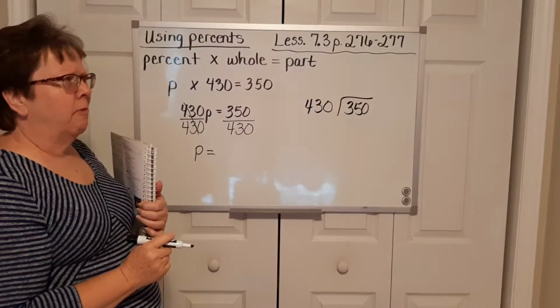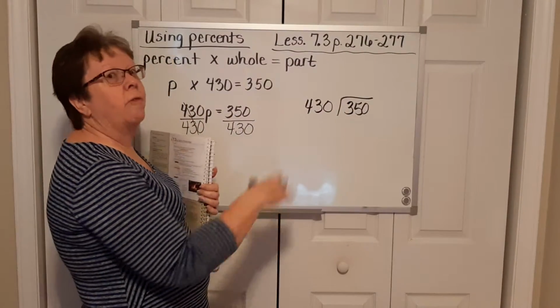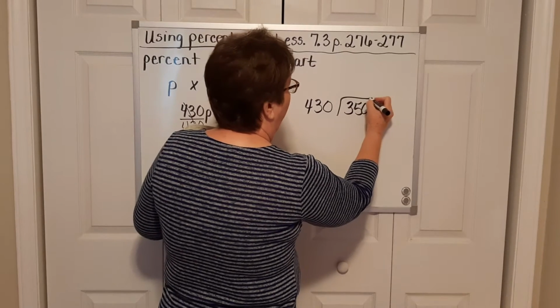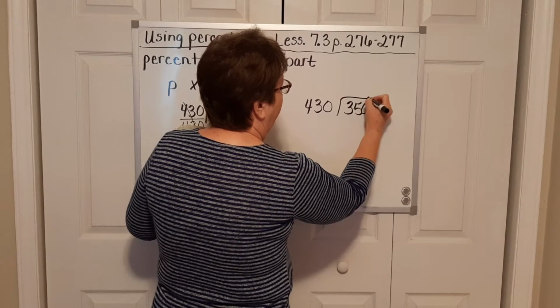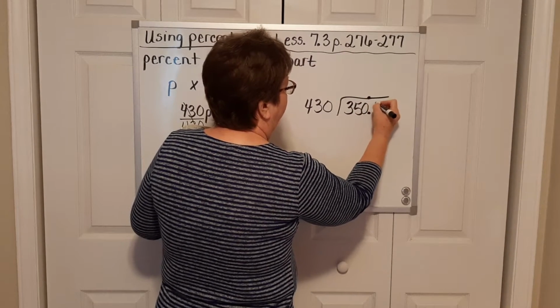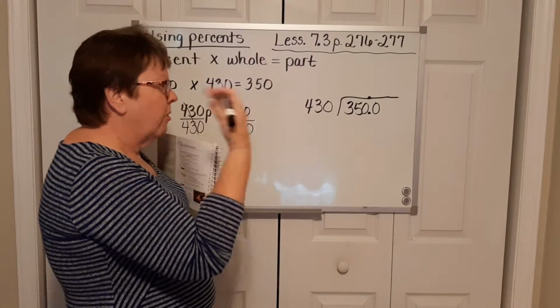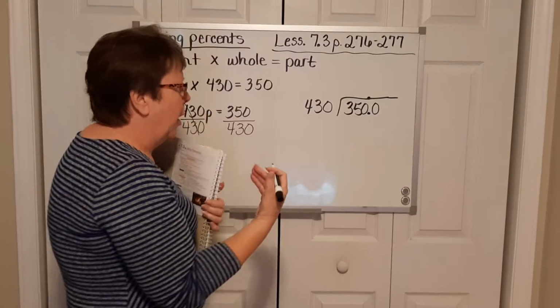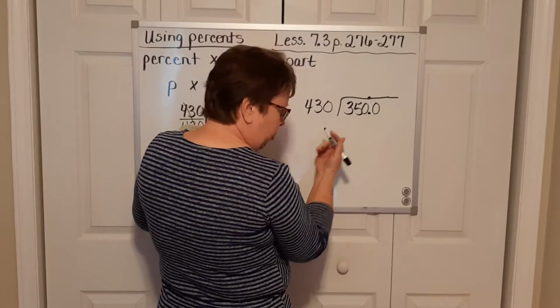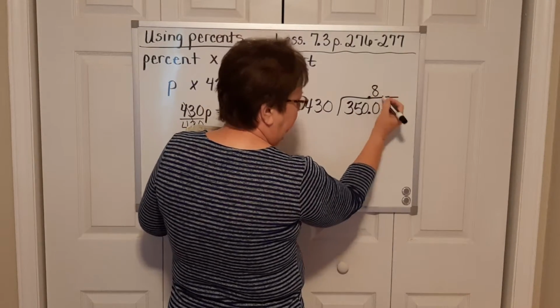You say, well, 430 won't go into 350. You're correct. So what we're going to have to do is put a decimal point and then add a 0. We're not going to go through all the division because you know how to do that, but here's what you'll get if you divide correctly.